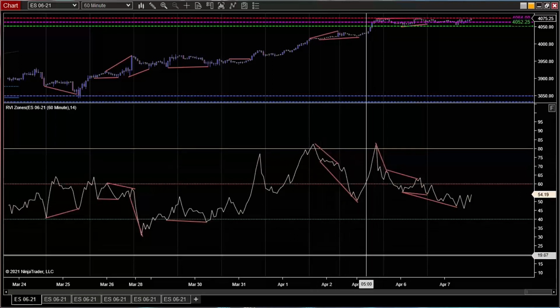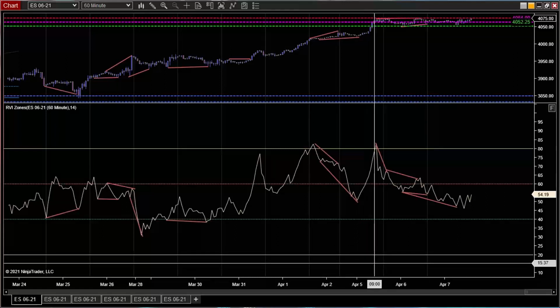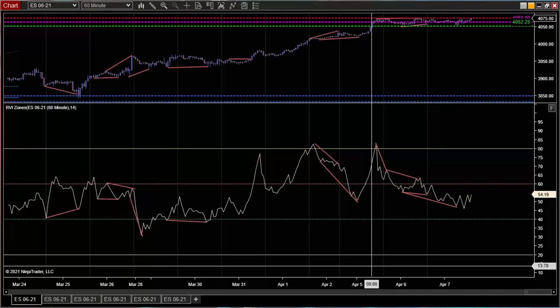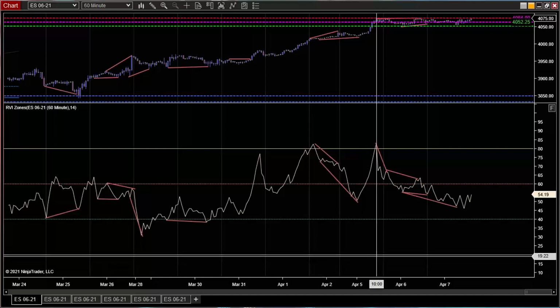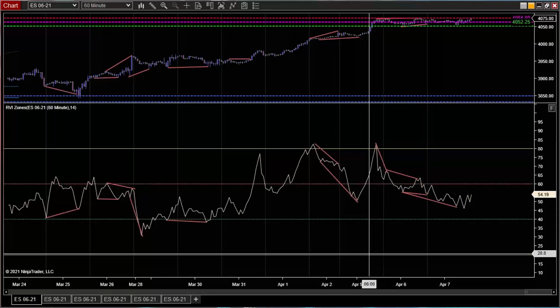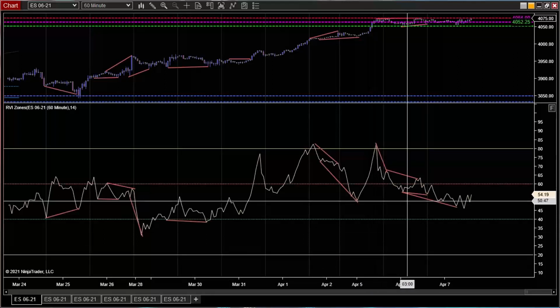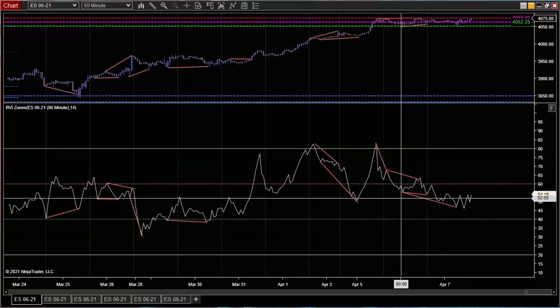On the other side, if the indicator comes all the way down to the 20 or breaks the 20 and goes even lower, some of these more ignorant traders will say, "Oh, it's time to buy. It's oversold, and the market's going to go up." And that really couldn't be further from the truth.